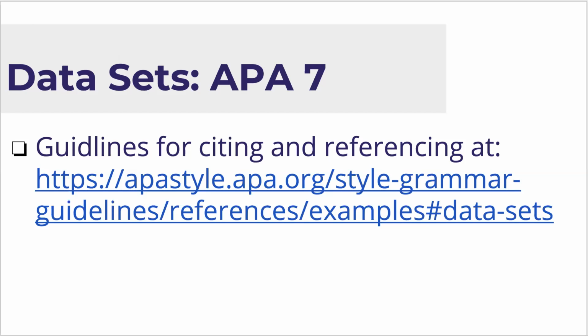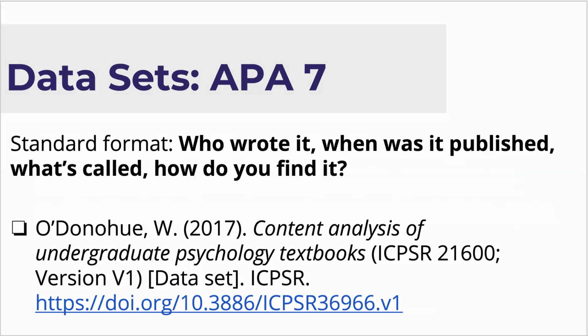So I've linked here the APA style page for citing data sets. In short, we're following the basic guidelines of any APA citation. We start with, for the reference entry, who wrote it, when was it published, what's it called, and how do you find it? Now, if we look at this here, we'll see there is a little bit more information.